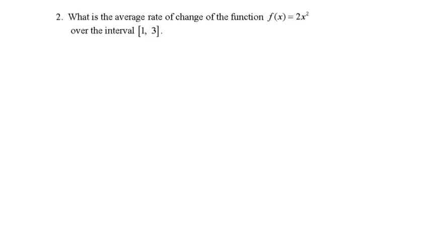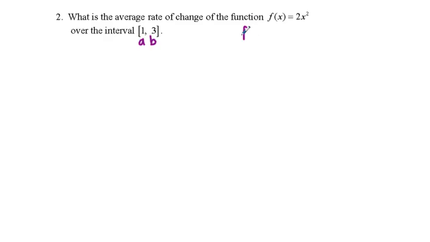Problem number 2, what is the average rate of change of the function f of x equals 2x squared over the interval 1 to 3? So we do that. I'm going to just label these things. We'll let a equal 1, b equal 3.